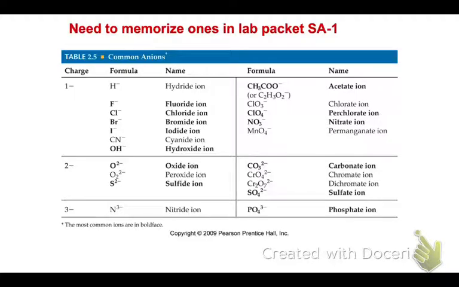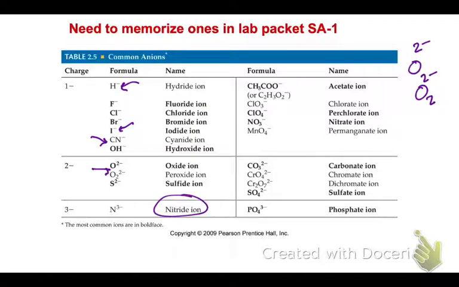Here are some common anions. The ones with -1 charge: hydride, fluoride, iodide, and I want you to pay attention. It can be a monoatomic ion with one atom, and it also can be a polyatomic anion like cyanide ion, hydroxide anion. We have oxide, peroxide. So this here is an oxide. A peroxide is 2 oxygen atoms together having a -2.